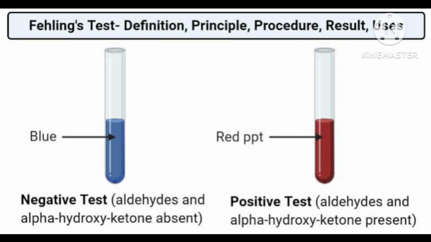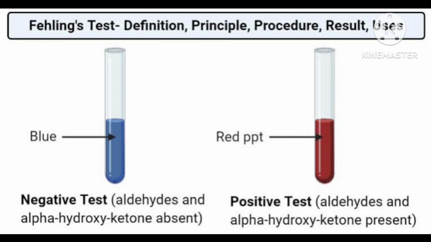Then RCHO plus this complex, two molecules of this complex will react, and because the reaction is taking place in alkaline medium, OH will also be there. So you can say three reactants will be there. First reactant is RCHO.